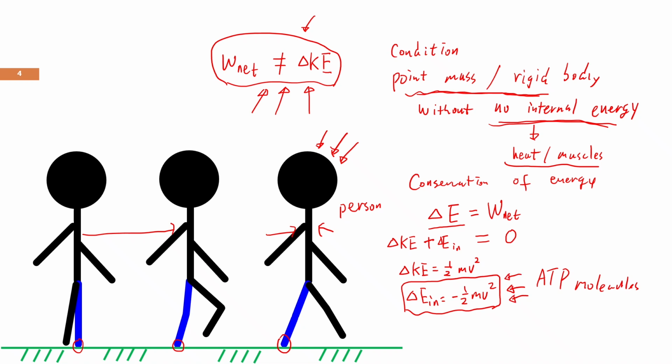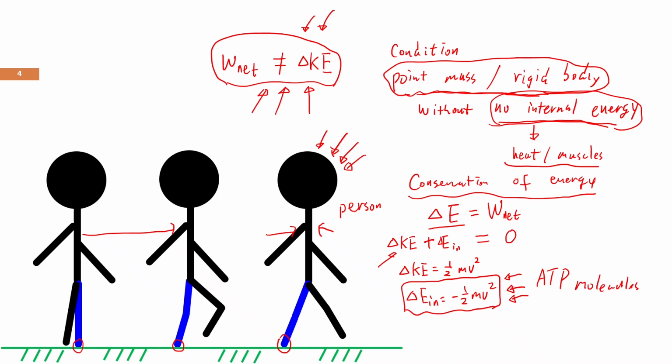Now you can see that walking still obeys the physics law, but you cannot use the work energy theorem because the person is not a point mass and the person has internal energy. But we can use the conservation of energy law, and this law shows the reason the person gains kinetic energy is because the internal energy was consumed. So there is a conversion of internal energy to kinetic energy.